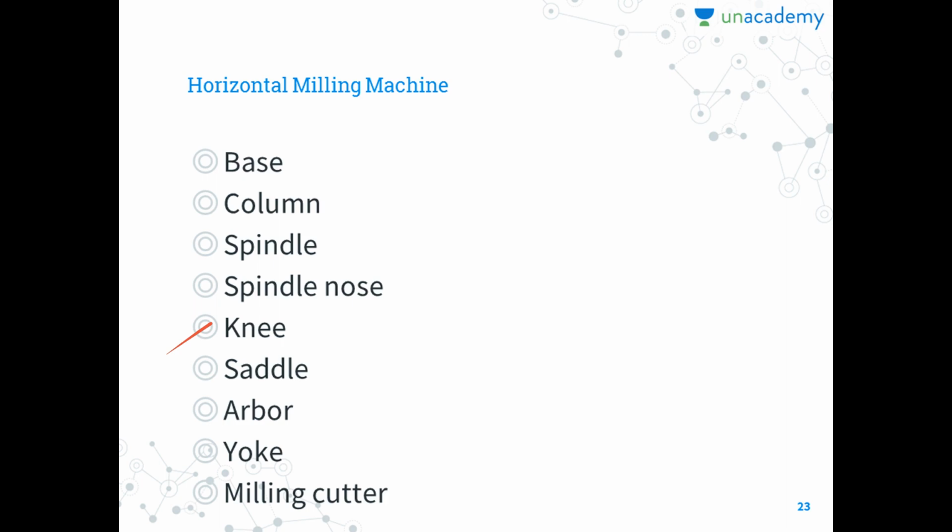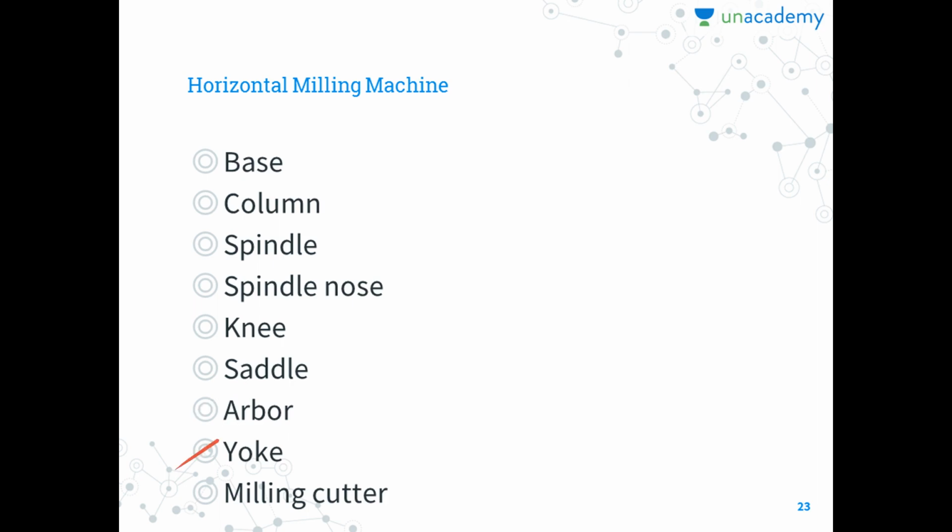The table is accurately finished with T-slots to clamp the workpiece and other fixtures on it. Why do we need T-slots? To hold the workpiece in place. The saddle can also be moved horizontally using the hand wheel, which is engaged to a lead screw. An arbor, which is also called a shaft, is supported between the spindle nose and the yoke of the overarm, and it receives power from the spindle.